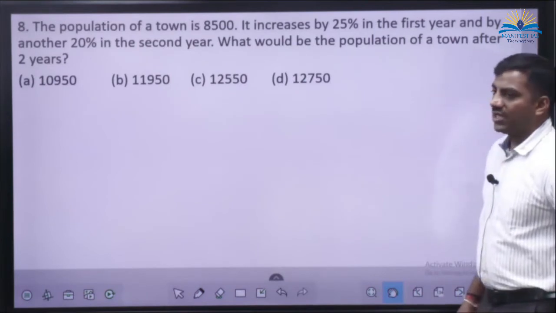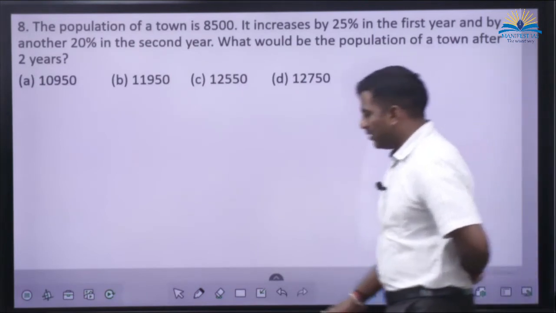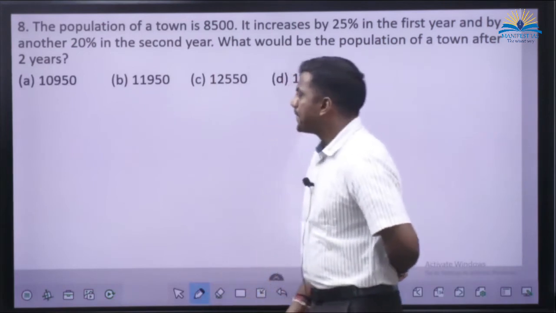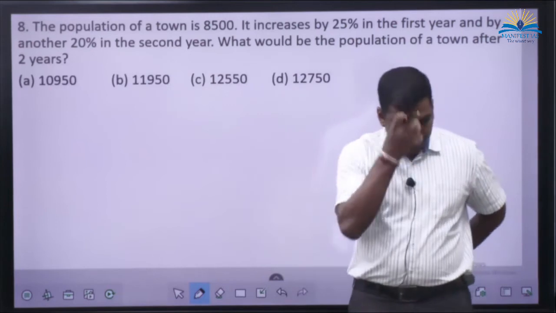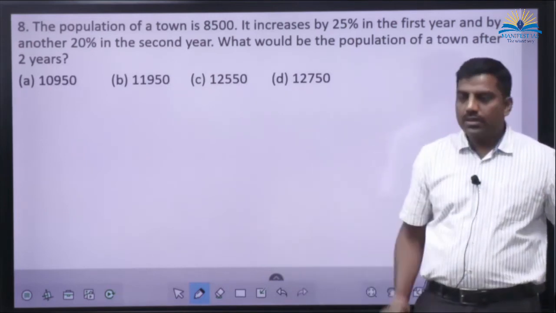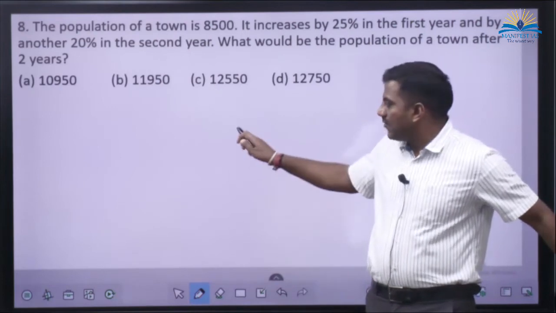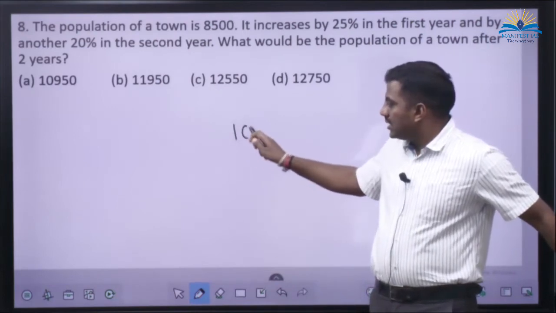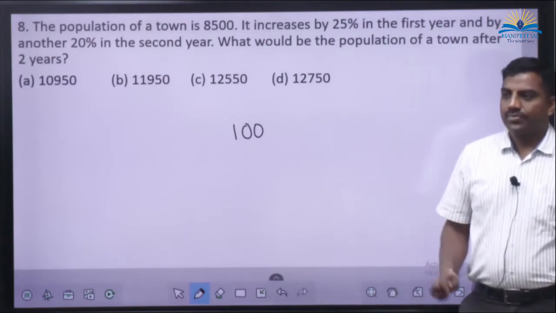The population of a town. Okay, before coming to this, I'll tell you one concept. Let's say the population of a city is 100 today.